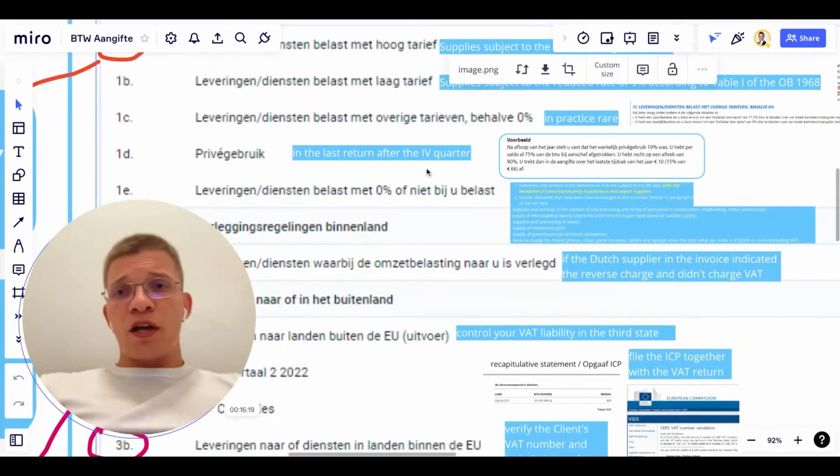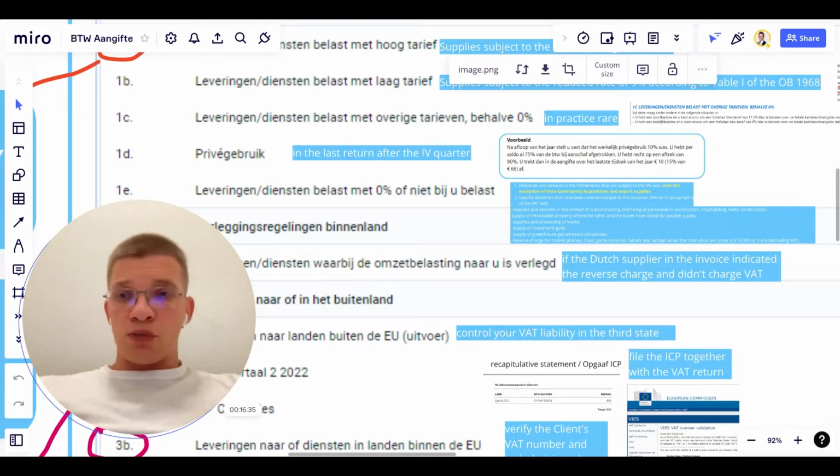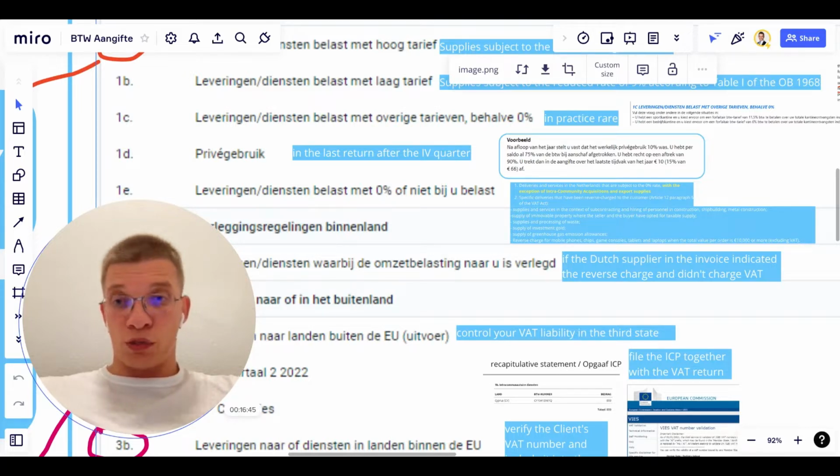Then the more interesting item 1D, it relates to the private use. When we talked about taxable and non-taxable supplies, I mentioned that when your supply is non-taxable, you cannot deduct VAT which was charged to you by your suppliers.